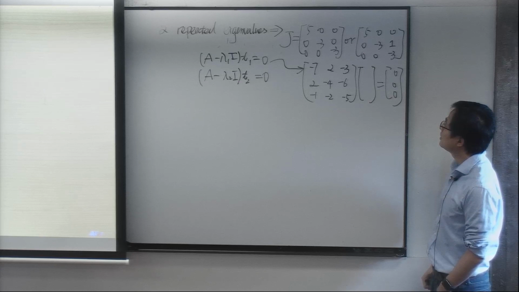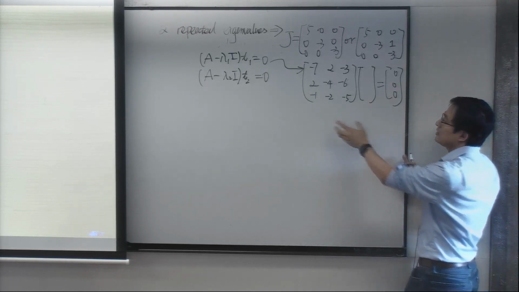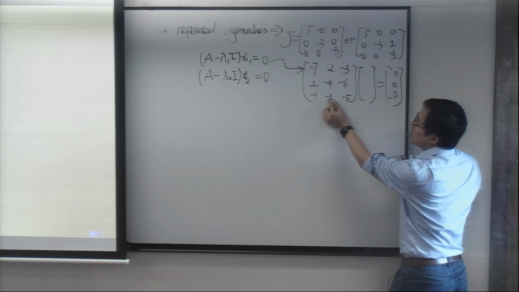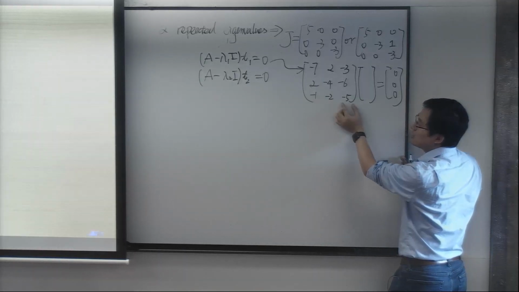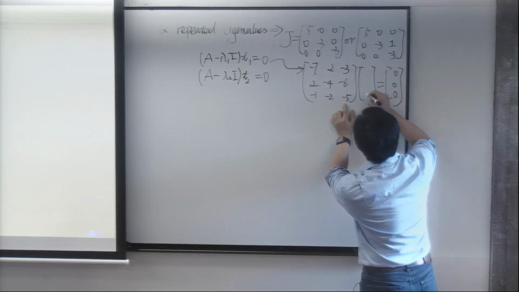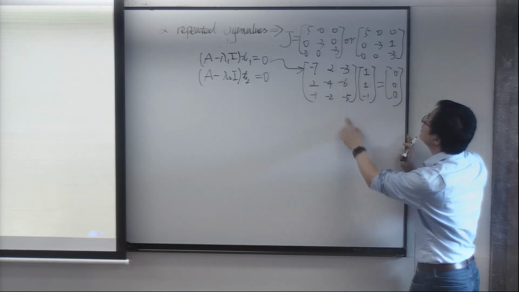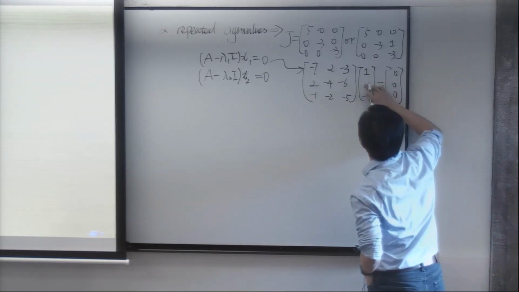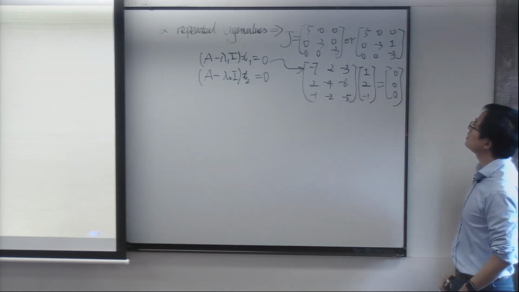I'm seeing something. If I do twice the second column and then combine with the first column, I get something related to 5. So let's try. I'm not exactly 100% sure. Does this work?